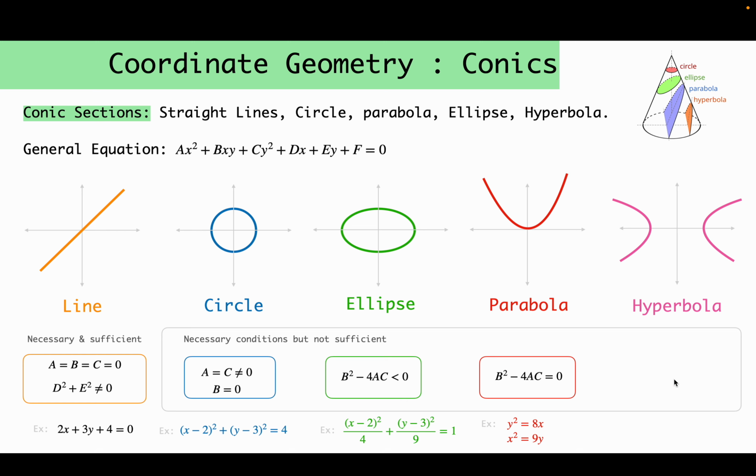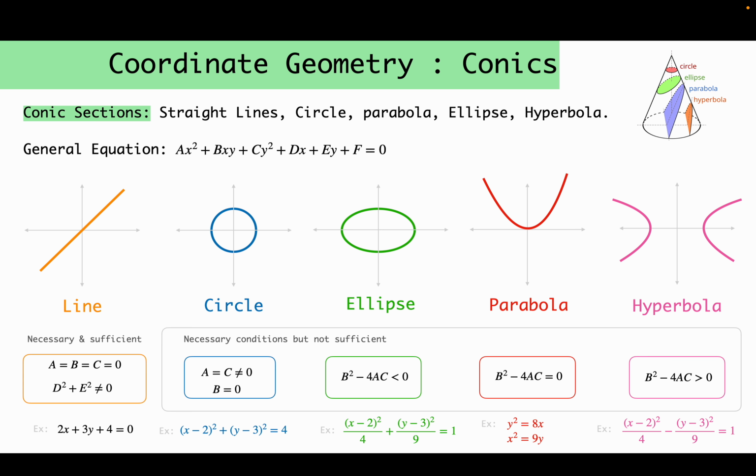And for hyperbola, these are the conditions where b square minus 4ac should be greater than 0, and the signs of a and usually c will be opposite in the case of hyperbola. So this is how conics are formed and their examples, but these are only the necessary conditions.